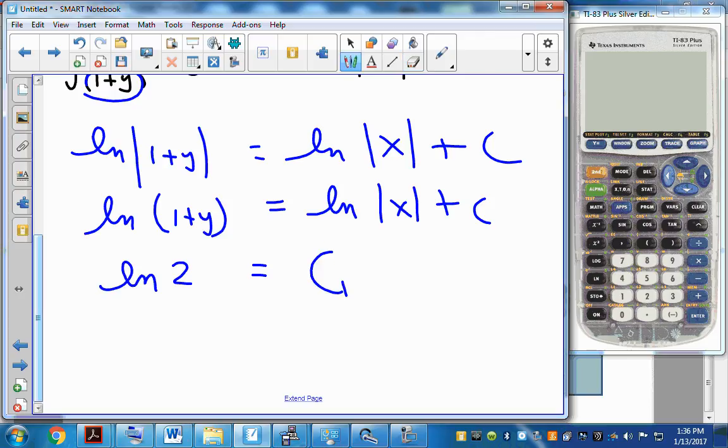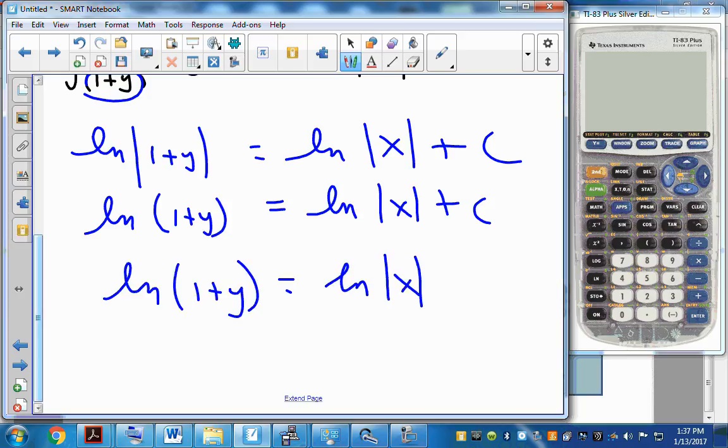So we get c right off the bat. In this case, it's pretty easy to get c, and I'll go ahead and throw that in immediately. Okay, so now we have y is the natural log absolute value of x plus the natural log of 2, like that. Yeah?